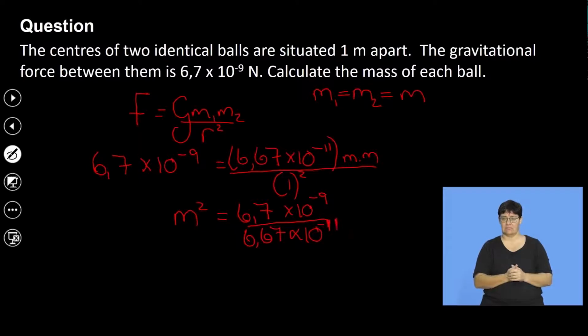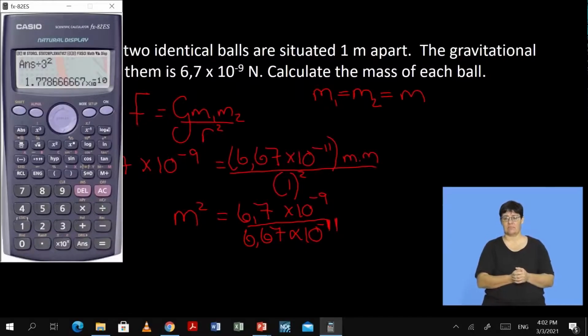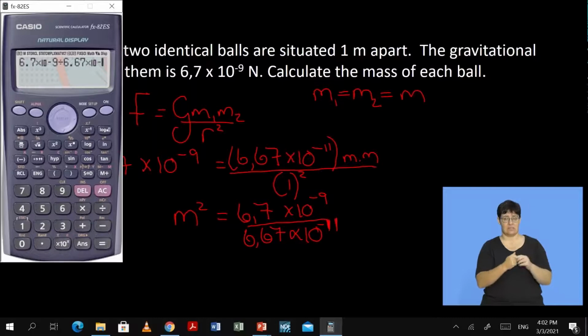There we go. That's the first thing I need to find the answer to. So calculator, and we go 6.7 to the minus 9 divided by 6.67 to the minus 11, and I get 100,449,751.